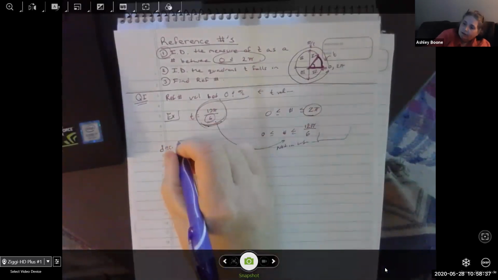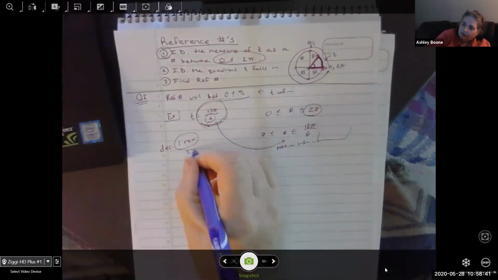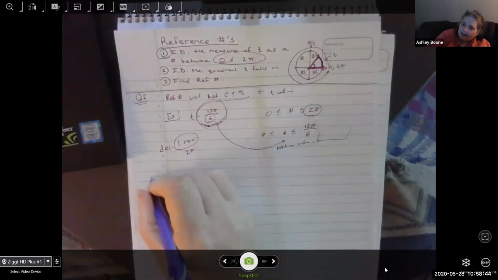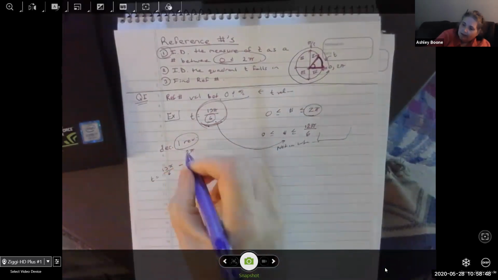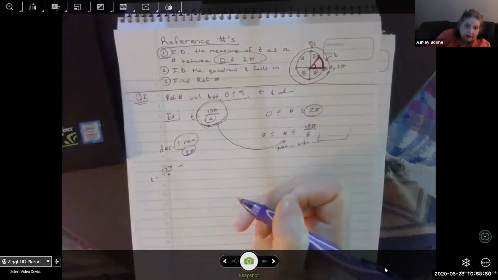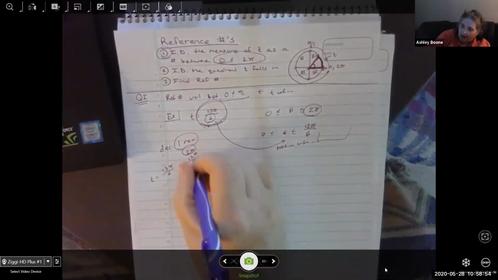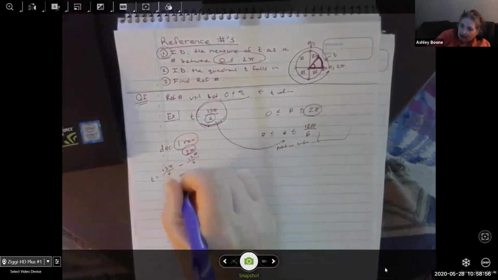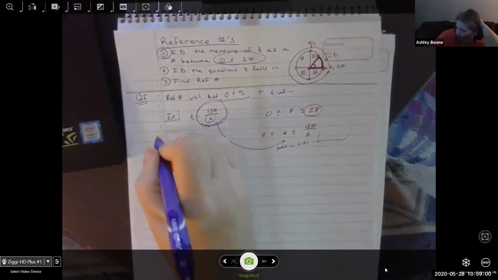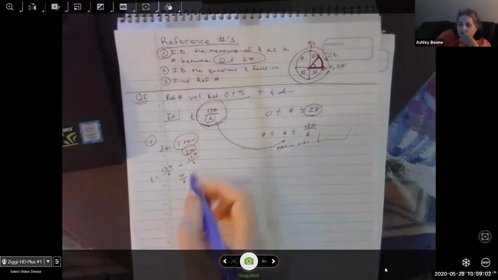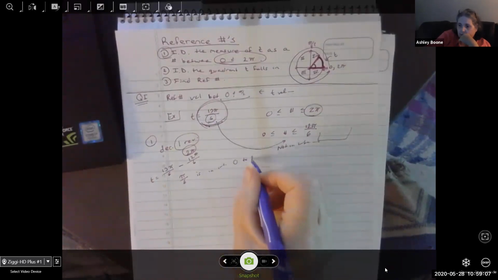So what if I decreased by 1 revolution? 1 revolution is a measure of 2 pi. So I'm going to take my t value of 13 pi over 6, I'm going to decrease it by 1 revolution, which is 2 pi. That's a 12 pi over 6. And that is just a 1 pi over 6. So our first step, pi over 6 is in the interval 0 to 2 pi.